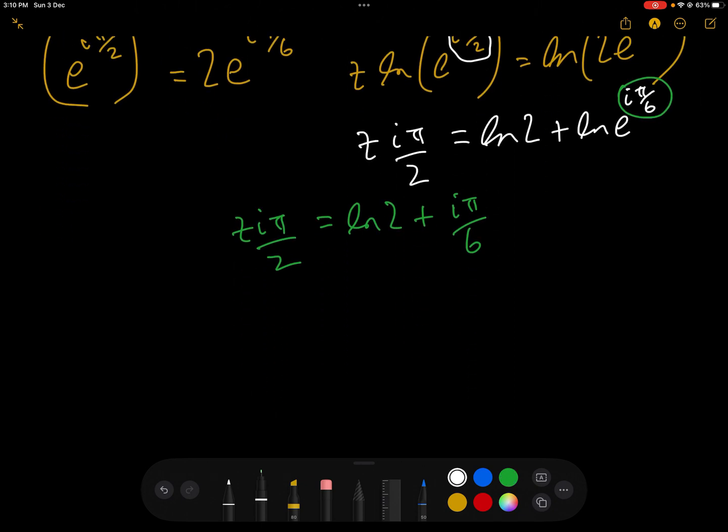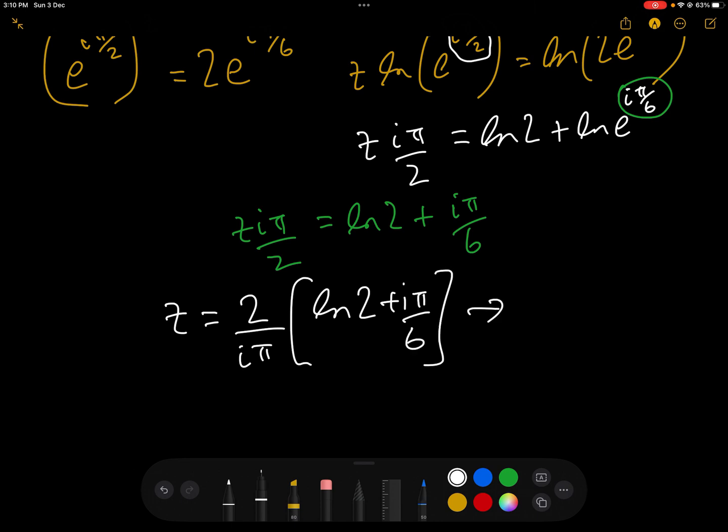All we need to do now is get z on its own, so z equals 2 over i pi, brackets, log 2 add i pi over 6, and let's just tidy that up slightly by expanding that bracket. So z equals 2 log 2 over i pi, add, the i pi cancels in the second term, a third.